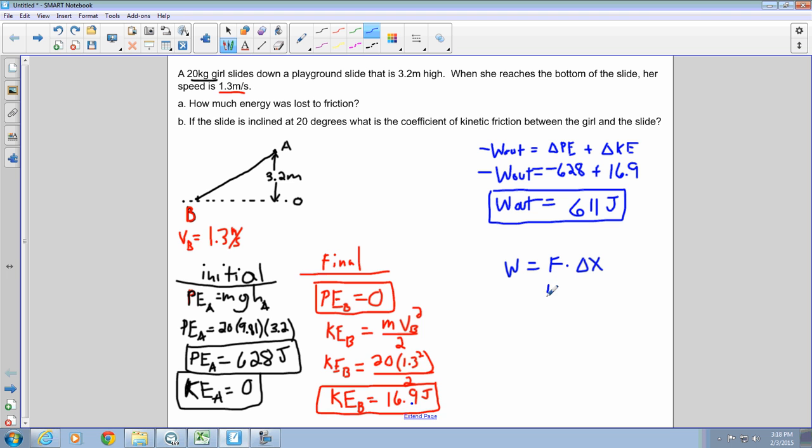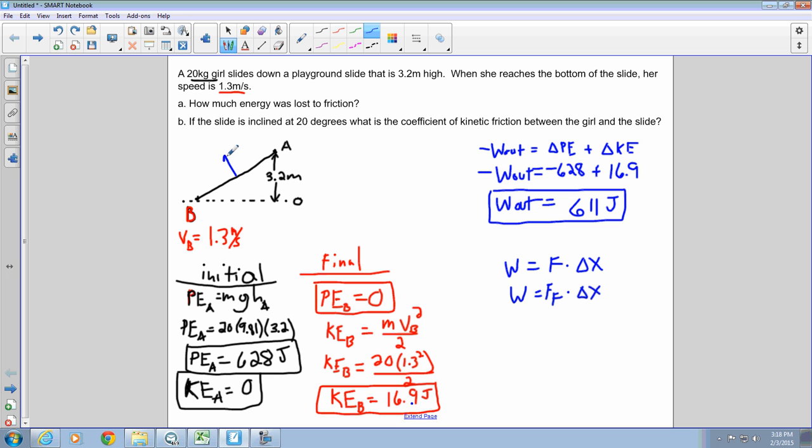Friction, the force of friction. That's equal to the work. And in order to find force of friction, we know friction is equal to the coefficient times the force normal.